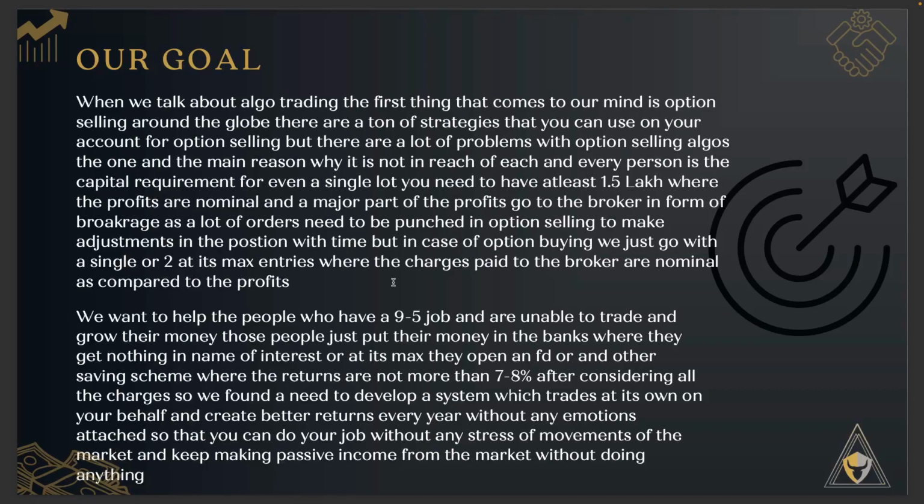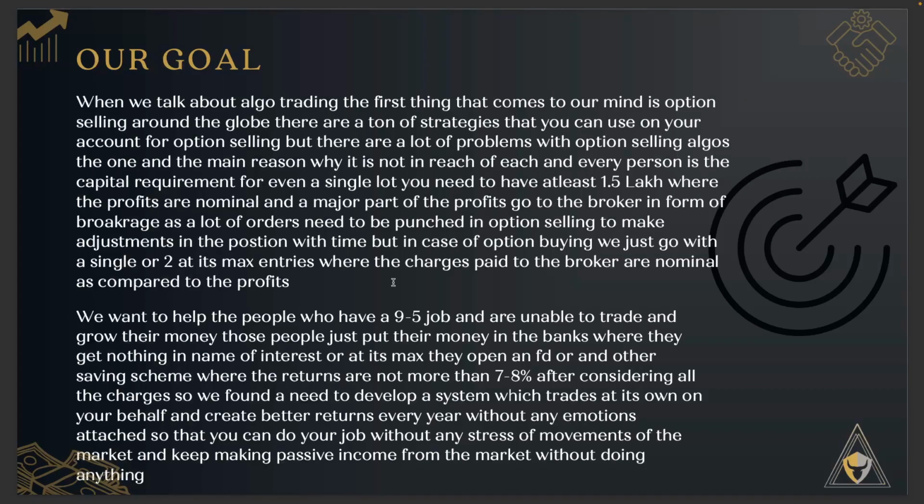Our goal is to address the main problem traders face with option selling strategies. In option selling, you need at least 1.5 lakh to run your portfolio, and with 1.5 lakh you are able to generate only some 50 to 60% ROI in a year. Also, the number of entries in option selling is greater, so you need to pay more brokerage.